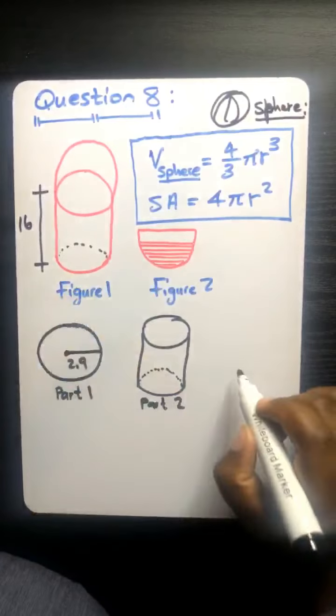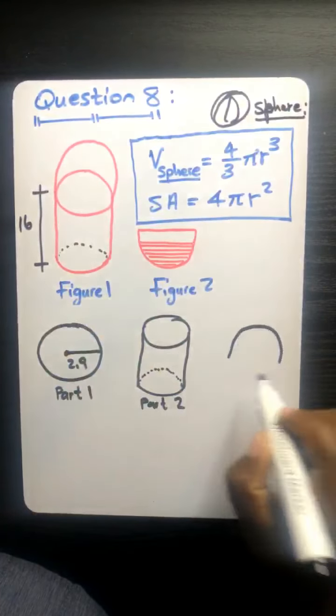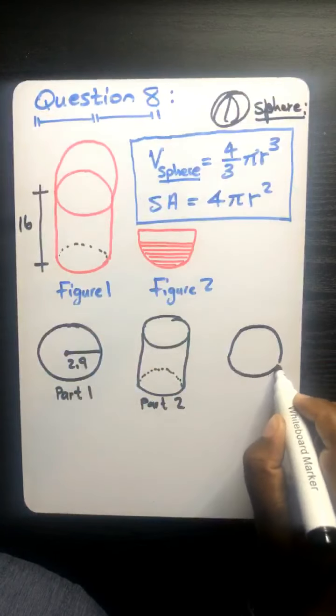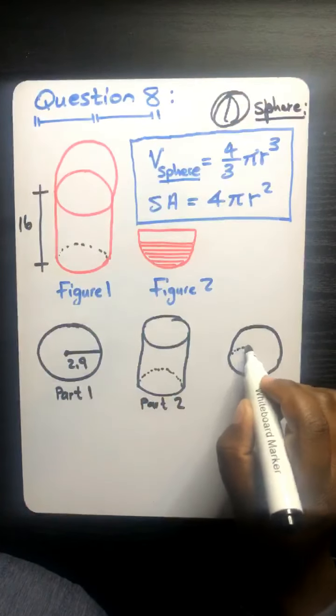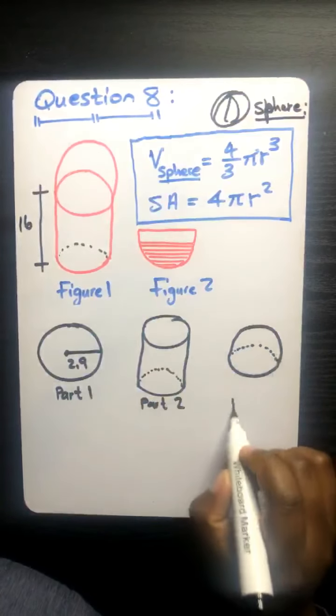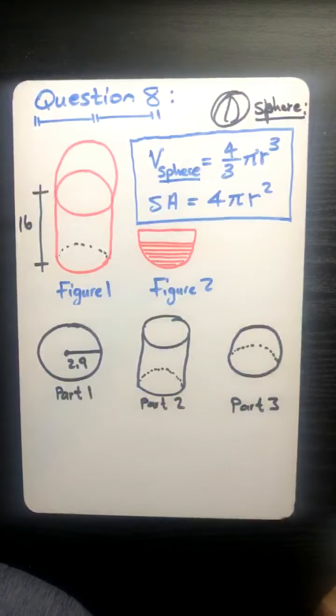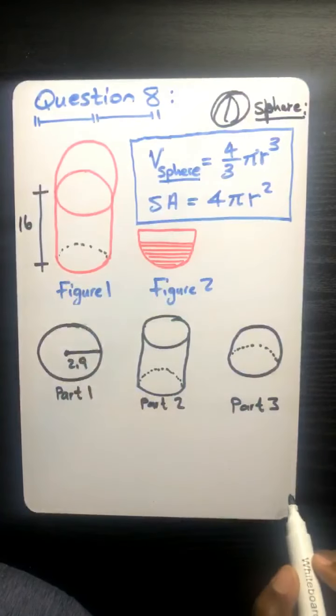Let me draw that lid. So obviously the lid we know is actually half of a tennis ball, which has got that shape. Then this is part 3 of that shape.